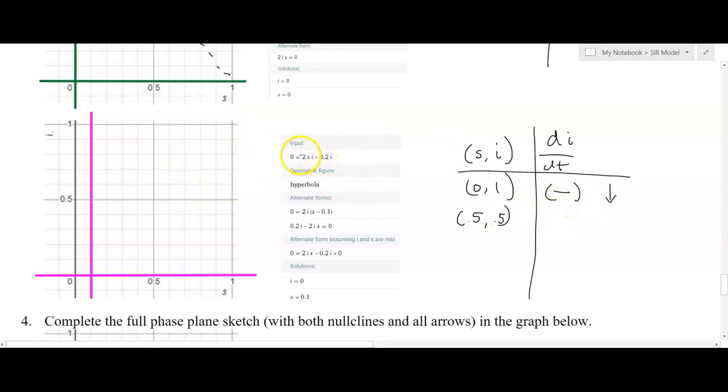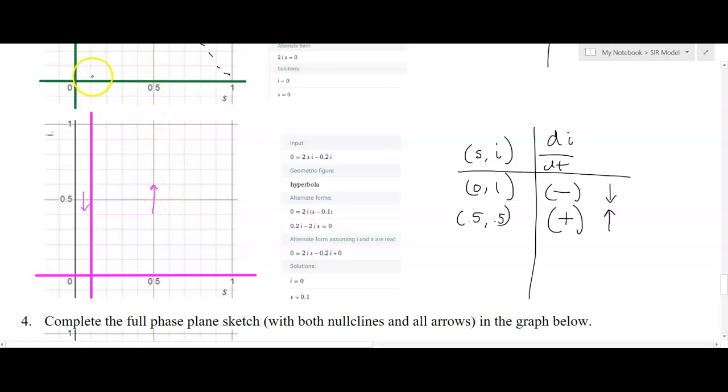And so if we plug this in, we'll have 2 times 0.5 times 0.5, which is a half. 0.2 times 0.5 times 0.5 is definitely less than a half, so this will end up being positive, which means the arrows point upwards. So it seems like once the number of susceptibles gets beyond 10%, the number of infecteds begins to drop. But as long as the susceptibles are 0.1 to 1 somewhere, then the infected population is going to be on the rise.